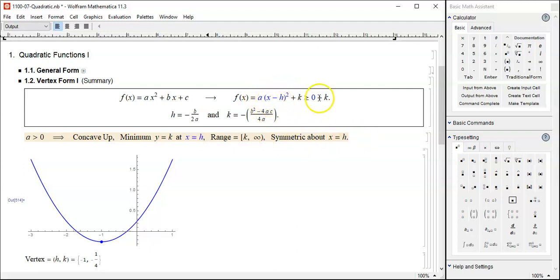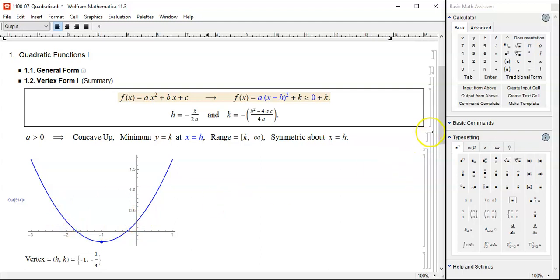This thing is equal to 0, so we have equality when x is equal to h, and then y equals k. So that's the minimum, otherwise greater than k.